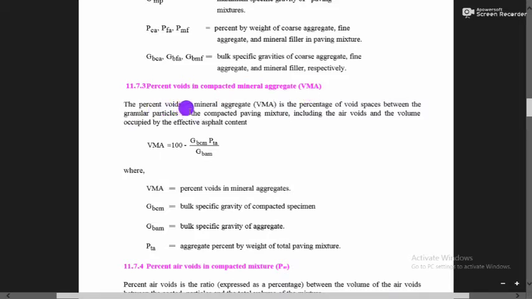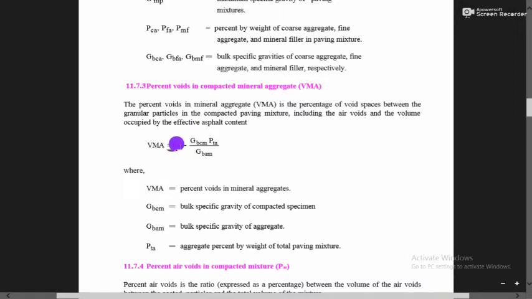The percentage void in the mineral aggregate, VMA, is the percentage of the void space between the granular particles in the compacted paving mixture, including the air voids and the volume occupied by the effective asphalt content.